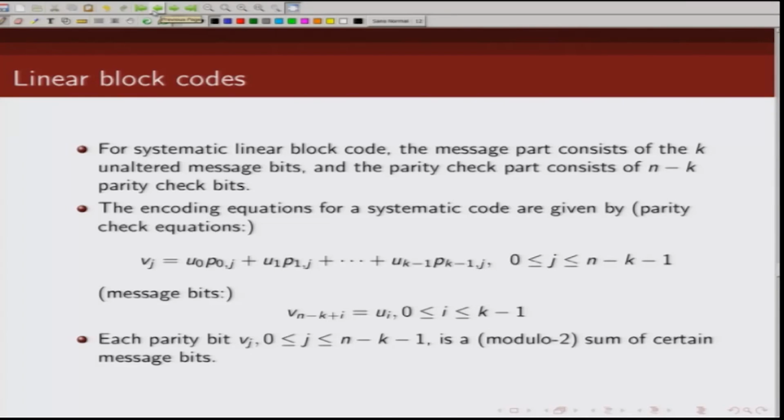So, what we have seen so far is that we can describe a linear block code by its generator matrix, which is a k cross n matrix, and we can use this generator matrix to generate our set of code words. Now, there is another matrix which we call the parity check matrix, which is related to our generator matrix, as we will show, and which can also be used to completely describe a linear block code.